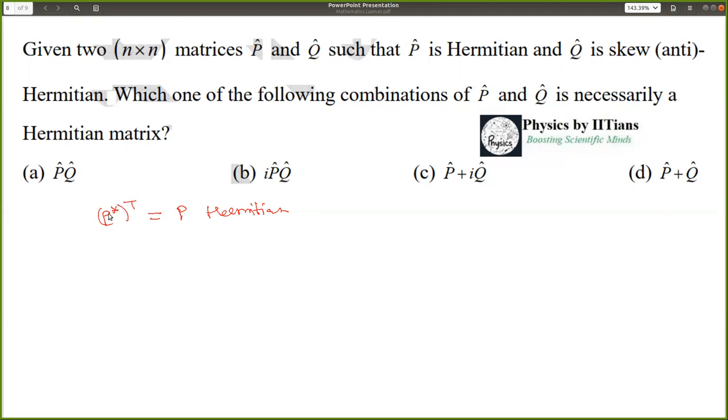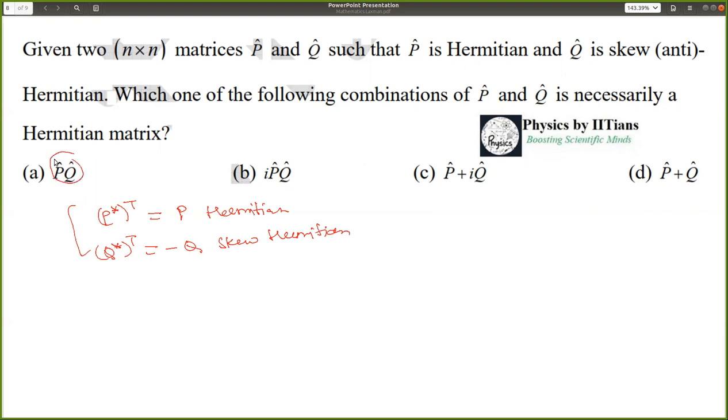If we take the complex conjugate and transpose both, then it is Hermitian. Similarly, Q is a skew-Hermitian matrix. It means the complex conjugate transpose of Q will come out to be minus Q. Now, using these two statements, you have to find which of these four options is a Hermitian matrix.